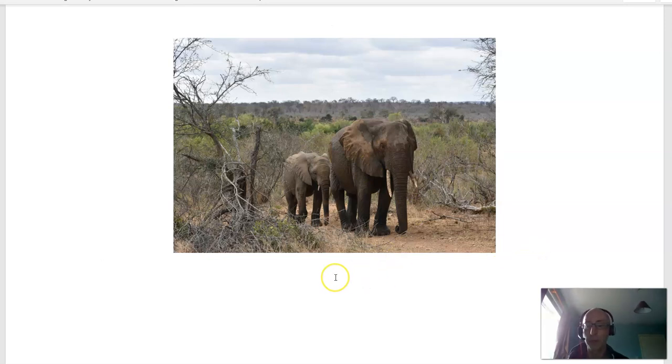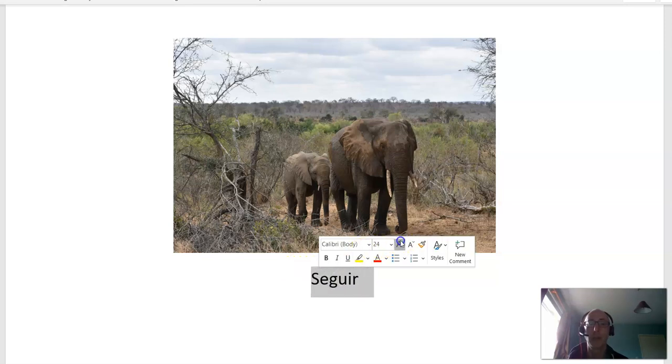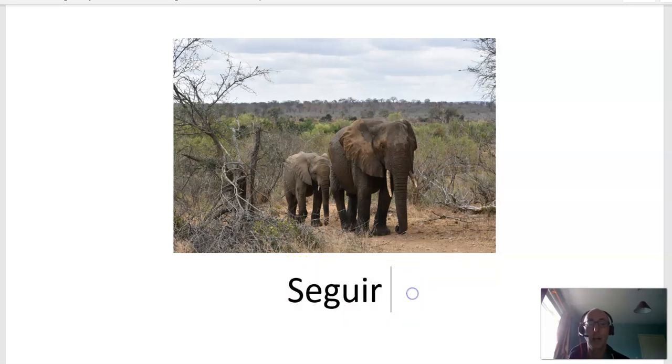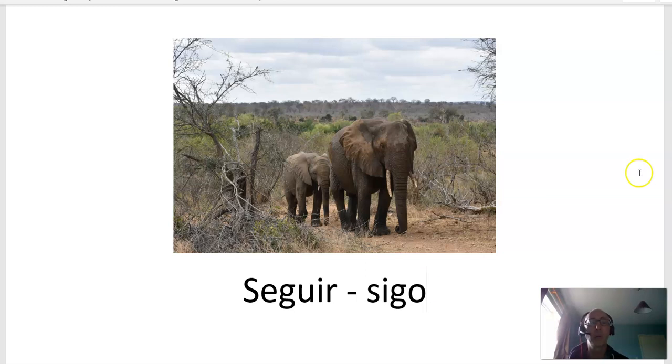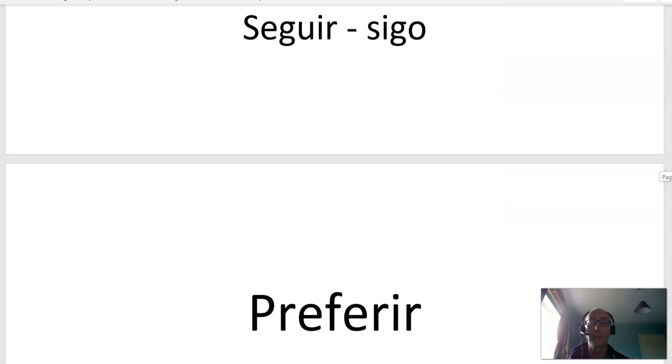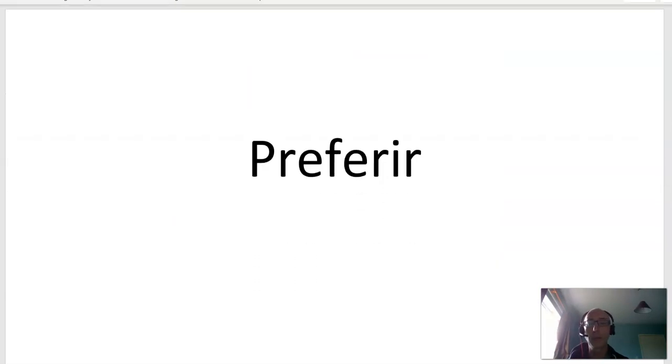So a verb is to follow, seguir. Seguir. So here, again, we have the E. So which change does the E have here? Well, this time it's just the I, sigo. Seguir, sigo.